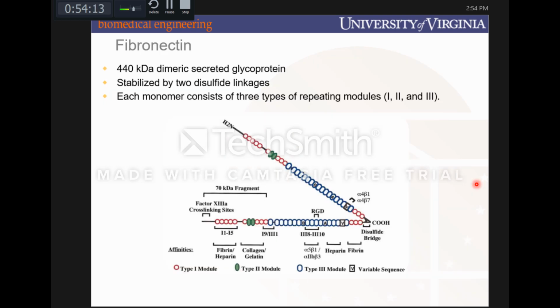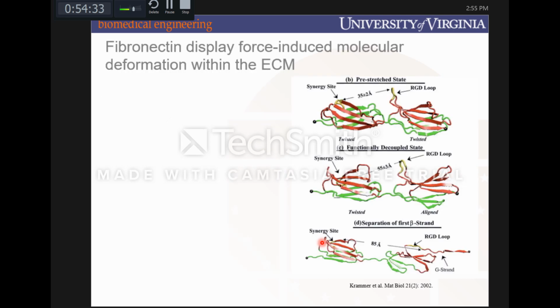So here's another way of looking at fibronectin. You've got two arms like we've seen in the other two comics, and then the disulfide bridge in the middle. 440 kilodaltons, and you've got type 1, a couple of type 2s, and type 3 repeats in the middle. And then to give an example, fibronectin displays this stretching and unfolding ability.